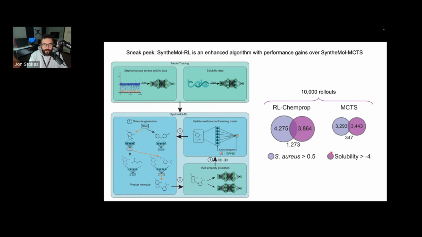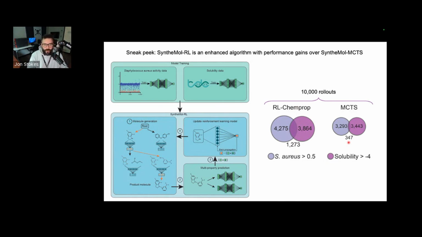And indeed, when we run a small scale experiment using either our deep reinforcement learning model, which here we've called RL-ChemProp, or MCTS across 10,000 rollouts, looking for molecules that are both predicted to be Staph active and soluble, our deep reinforcement learning model is capable of generating about 1,300 molecules that satisfy both properties, whereas our prior MCTS model can only generate about 350.